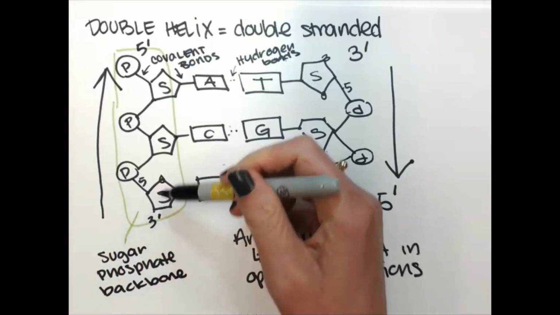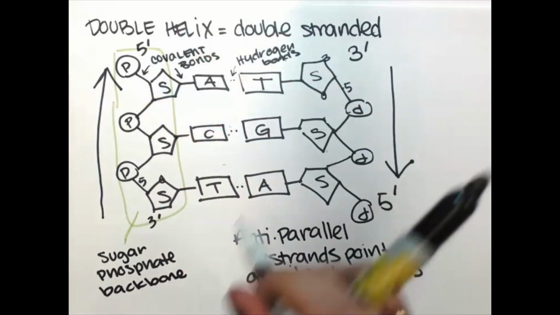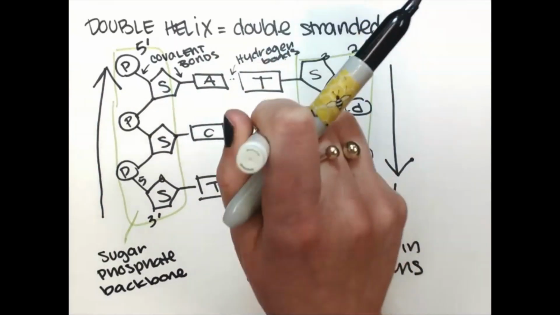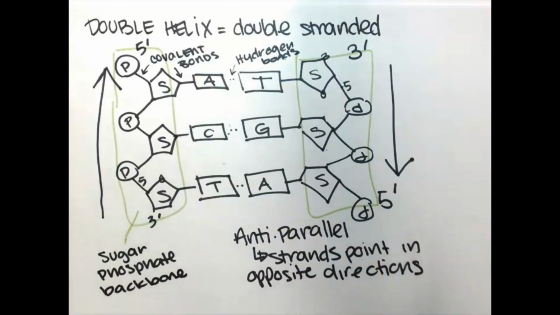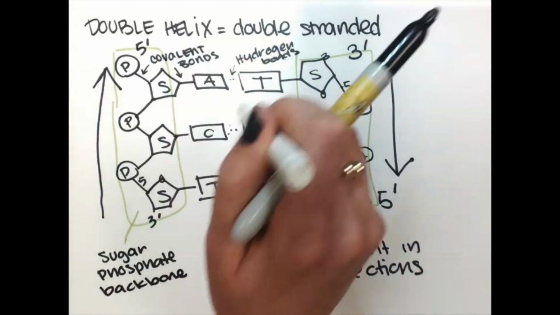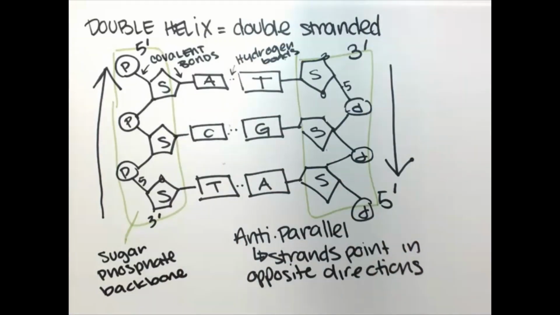And so you have the sugar phosphate backbone on both sides. And then on the inside, facing in towards each other, is where you have your nitrogen bases. And that's actually super important. These nitrogen bases and the order that they're in is where all the information for DNA is stored.